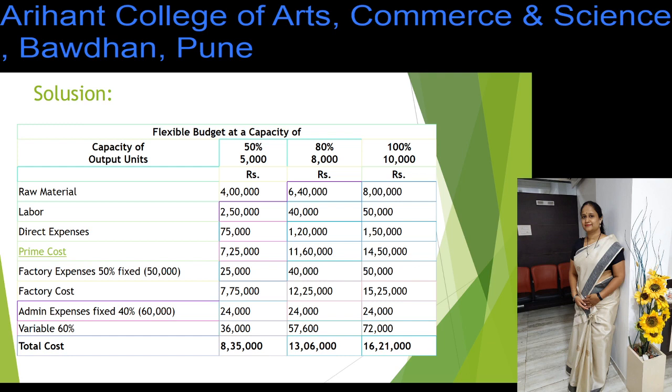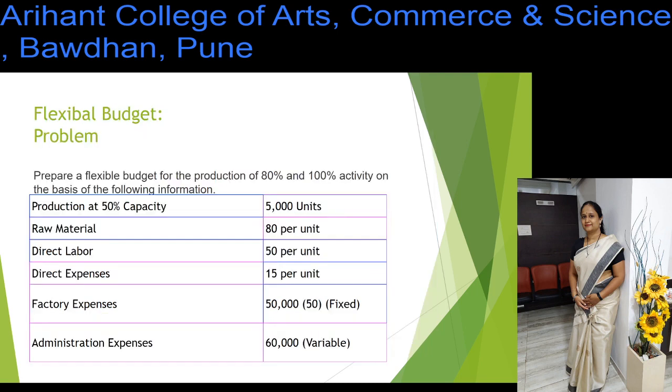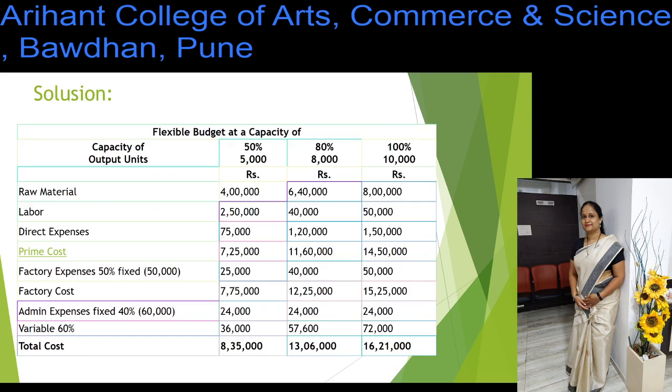So for 8,000 units it will be 40,000 and for 5,000 units it will be 25,000. Then factory expenses are 50,000 among which 50% is fixed and that means 50% is variable. So for factory cost you need to write fixed cost and variable cost.